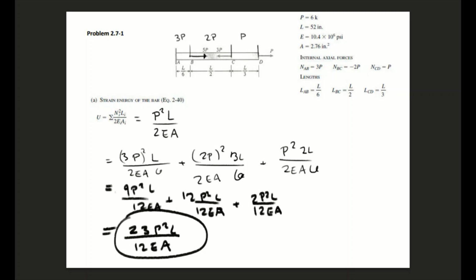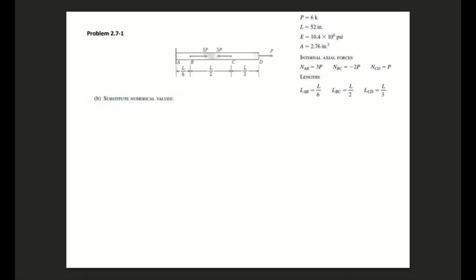Okay, so now let's keep going and move on to question B. Question B just picks up from part A, and it says, okay, the 23P squared L over 12EA, plug it in. That's pretty straightforward.